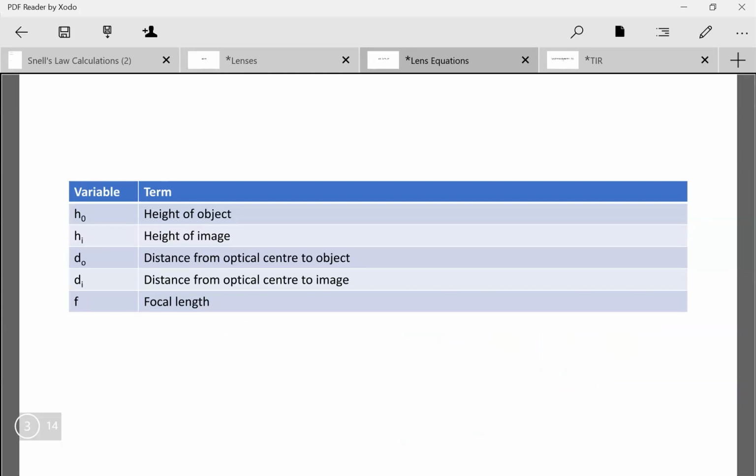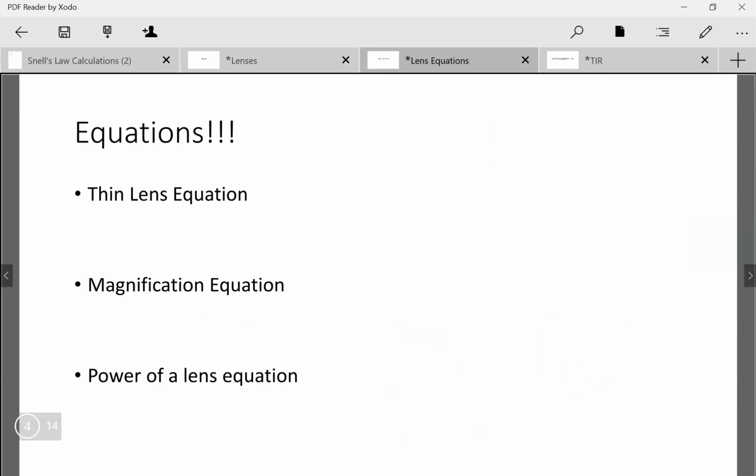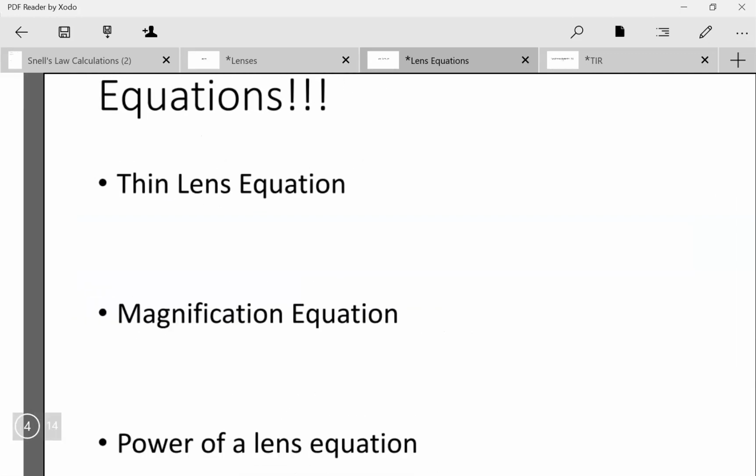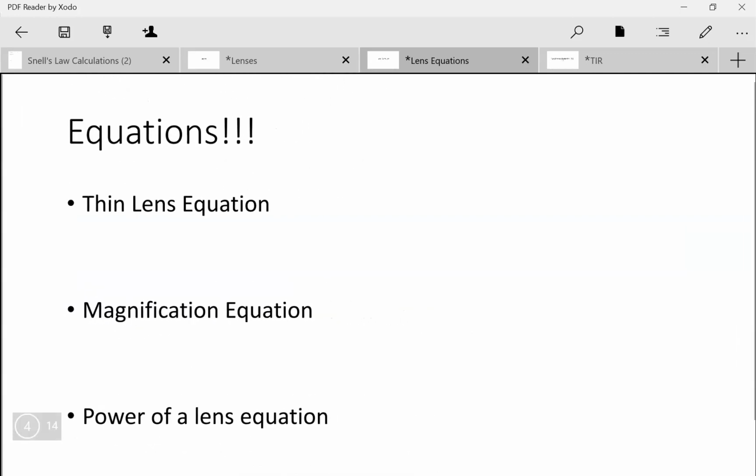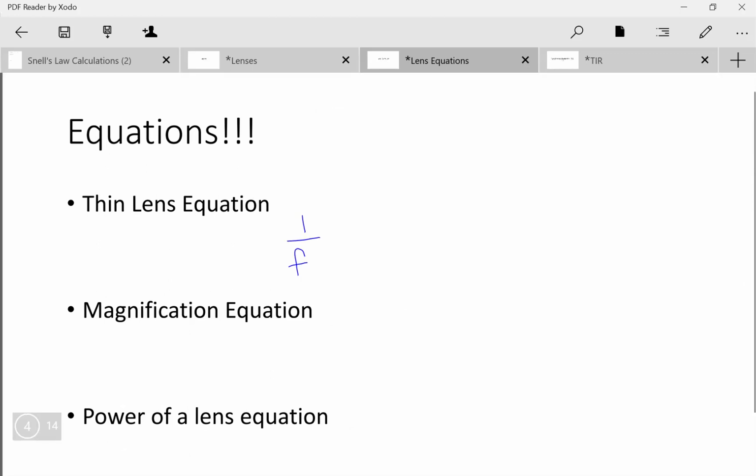We have different terms, but the equations that are going to be used involve one or more of these terms. So the thin lens equation states that 1 over f equals 1 over do plus 1 over di. This is the thin lens equation.